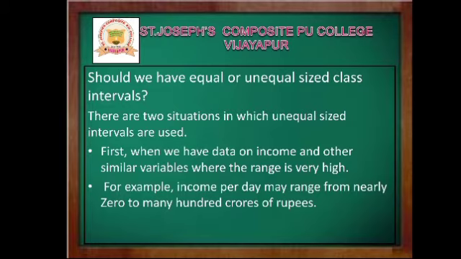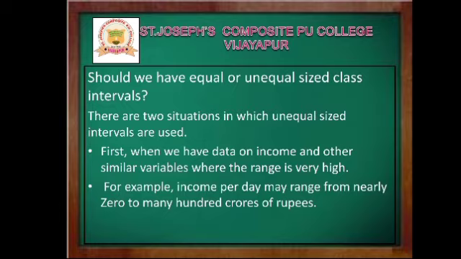The first situation is when we have data on income and other similar variables where the range is very high, or when it is very difficult to measure the data. At that time we use unequal sized intervals. For example, income per day may range from nearly 0 to many hundred crores of rupees.